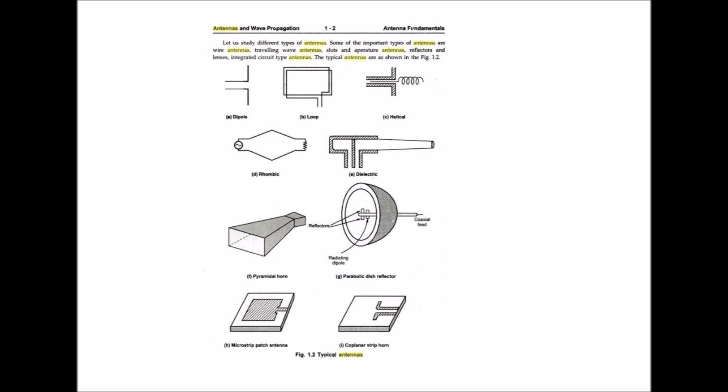Some of the important types of antennas are wire antennas, traveling wave antennas, slots and aperture antennas, reflectors, and lenses. Integrated circuit type antennas. The typical antennas are as shown in the figure 1.2.